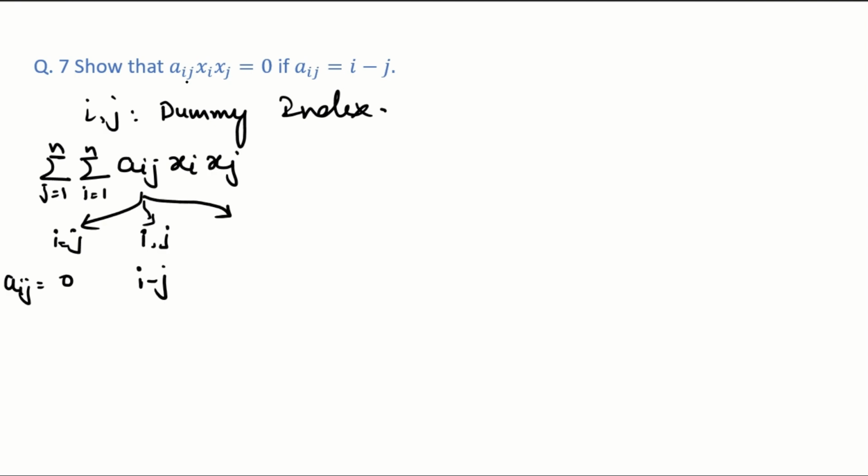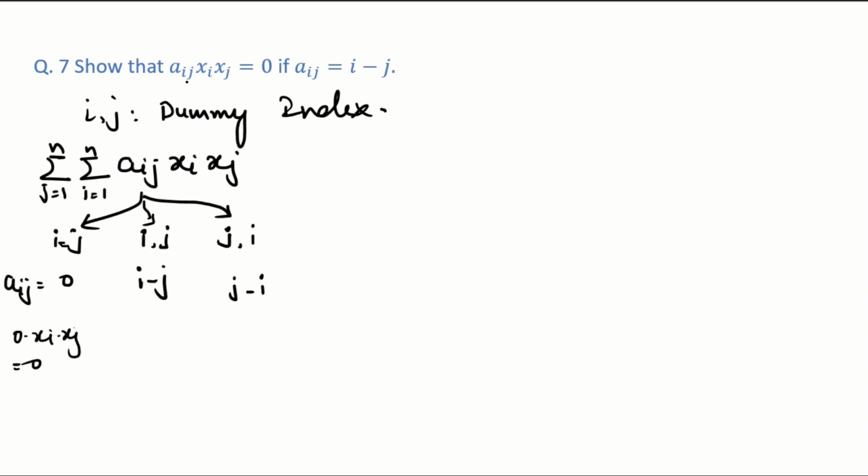The next case, when the first subscript is i and the second is j, the coefficient aij becomes i minus j. Next let's consider the first index j and the second index i. In that case the coefficient becomes j minus i. Okay, so the whole term, actually we have this term aij, xi, xj. The coefficient comes along with the variables xi, xj. So when both the indices are the same, in that case 0 times xi times xj, so in total you will have 0.